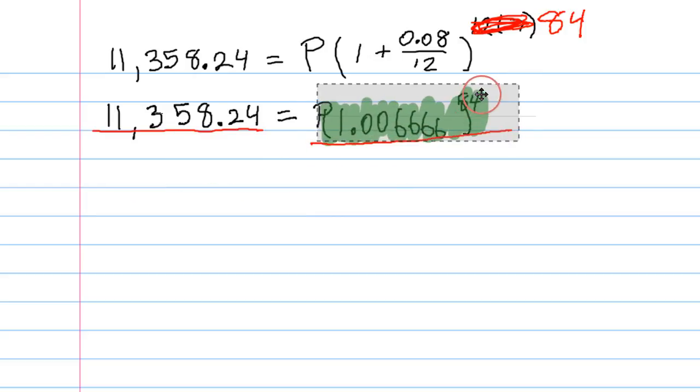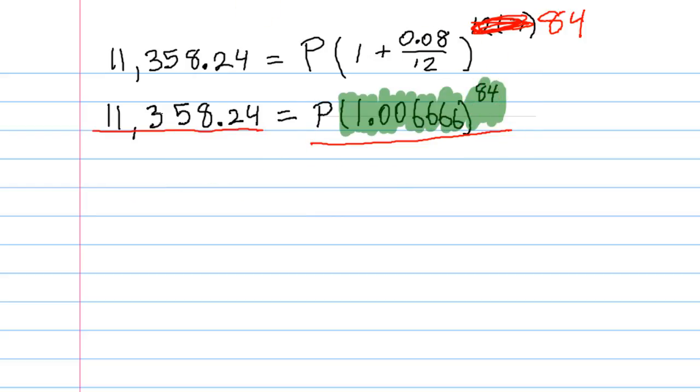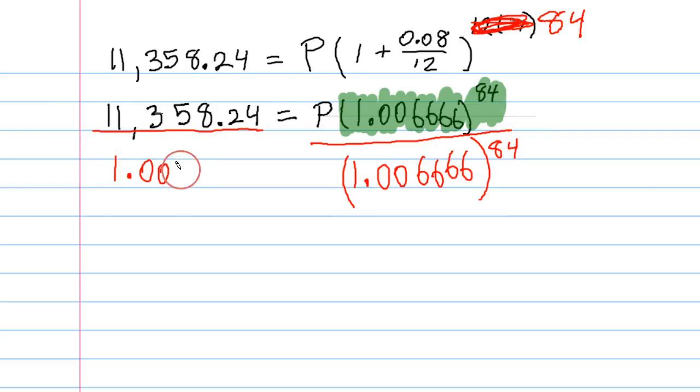To show that again, we're going to divide by this green number, 1.006666 in parentheses to the 84th power. Then we come over to the left-hand side and divide by the same number so that we keep the equation balanced.